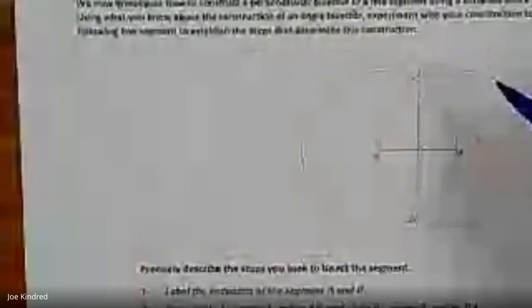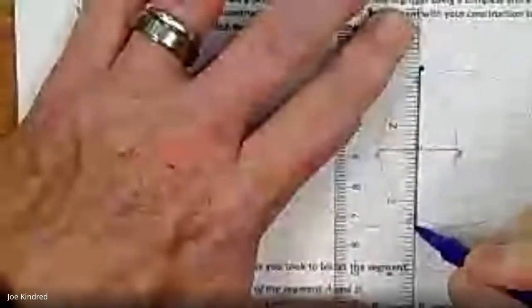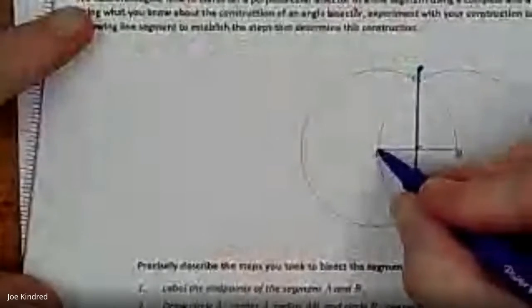The main portion of the lesson deals, of course, with being able to construct a perpendicular bisector. As we go closer in, they give us a diagram of the actual perpendicular bisector constructed when they gave us a segment AB.